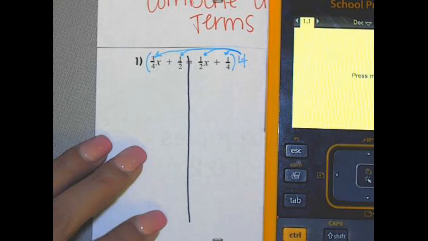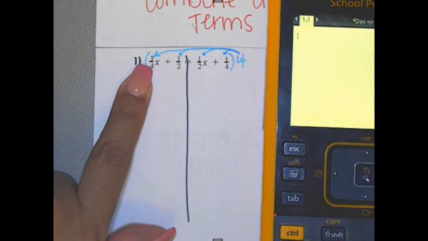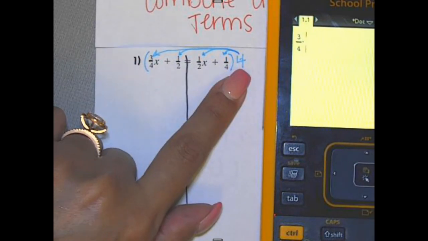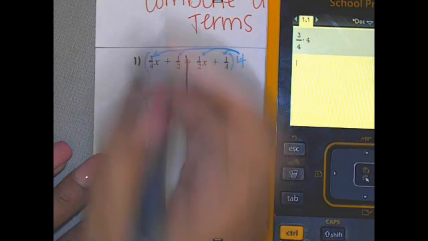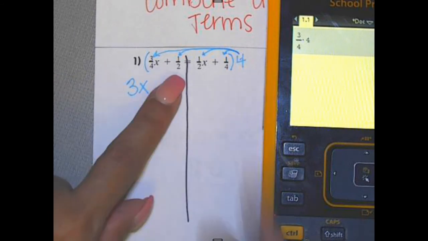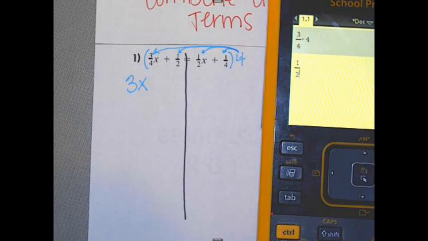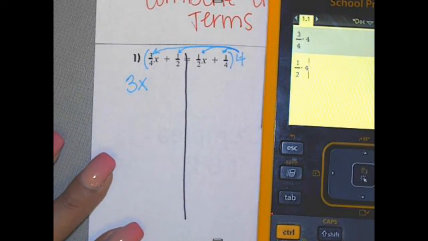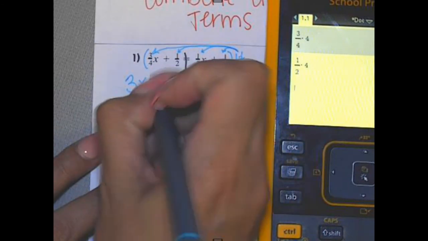Okay. So I have my calculator. And I'm going to do 3/4, and I'm going to multiply it by 4. So I get 3, and these are x's, so that's going to be 3 x's. Then I got half of 4, or 1/2 times 4, and that's going to give me 2. 4 is a positive, and I have a plus here, so this is going to be plus 2.